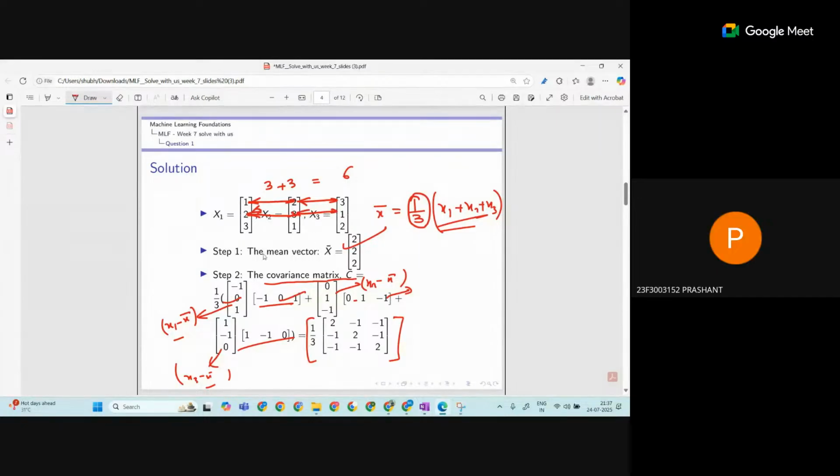If we make a matrix of all three vectors, x1, x2, x3, and then find the mean row wise, then you are not following the PCA algorithm.